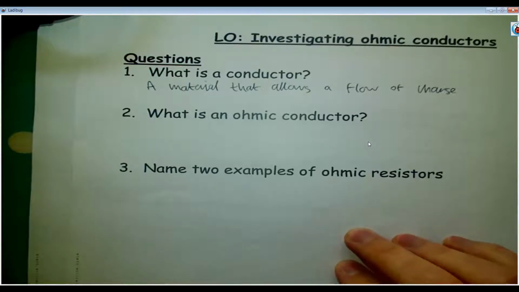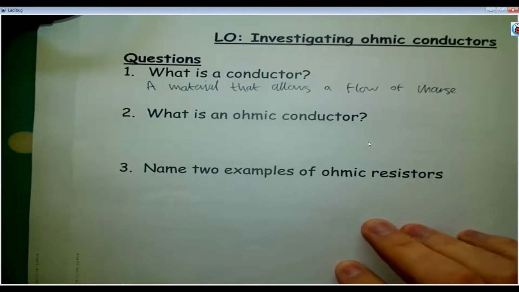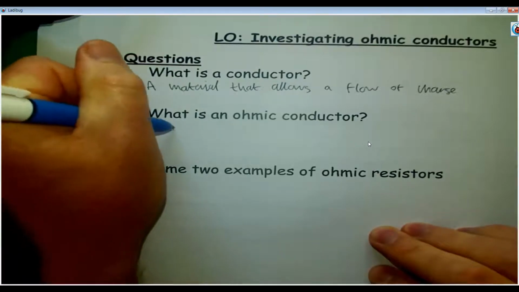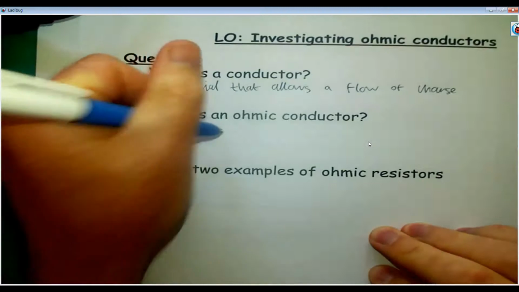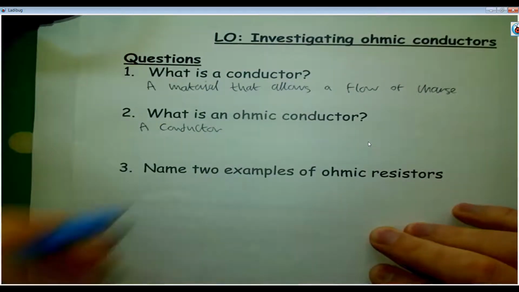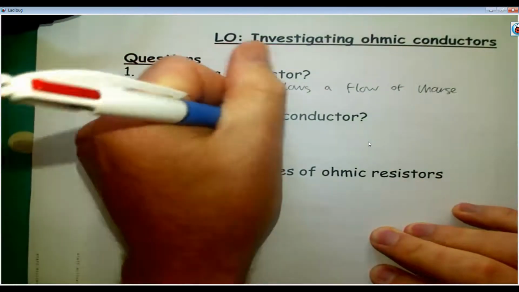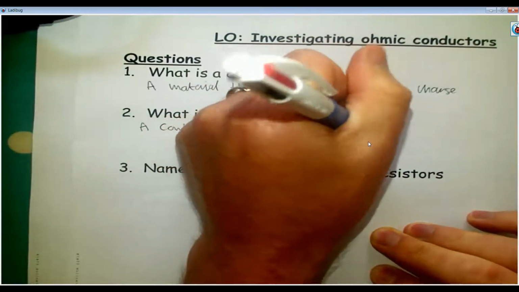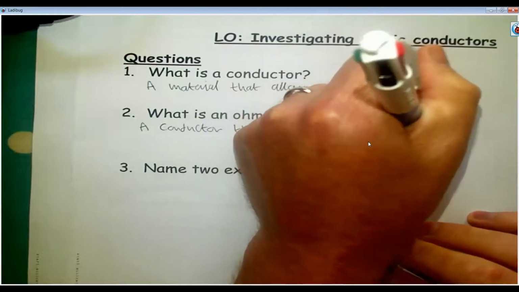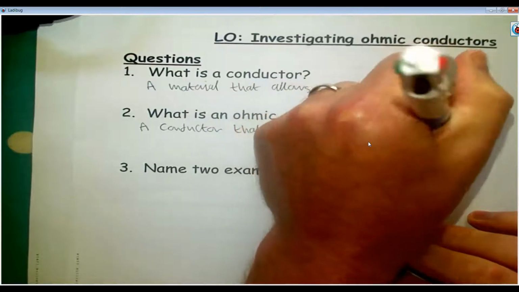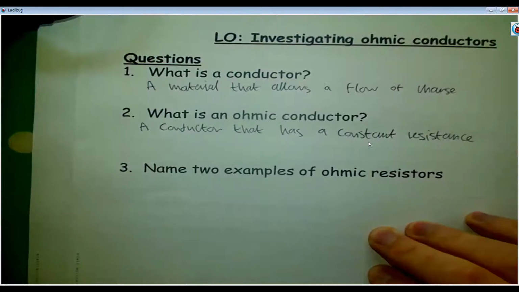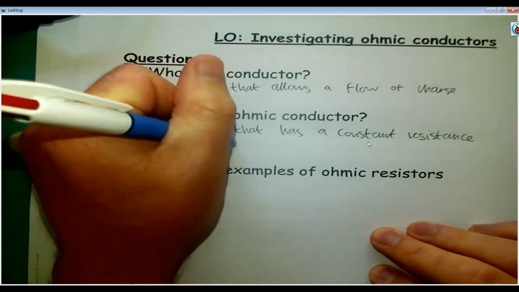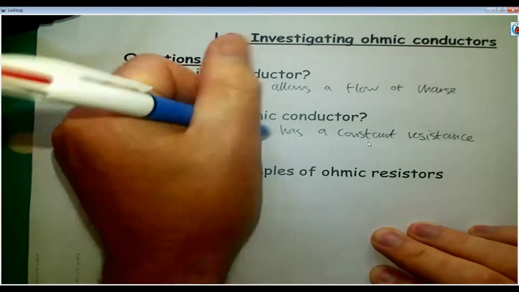What is an ohmic conductor? That will certainly be a new one for you. This is a conductor that has a constant resistance at a constant temperature.